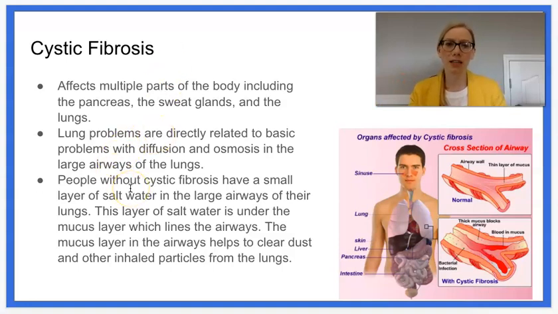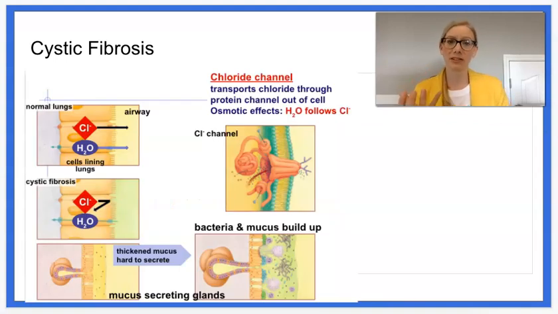People without cystic fibrosis have a small layer of salt water in the large airways in their lungs, and this allows mucus to line the airways, and the mucus layer helps clear dust and other inhaled particles, right? But in people with cystic fibrosis, this layer of mucus builds up.